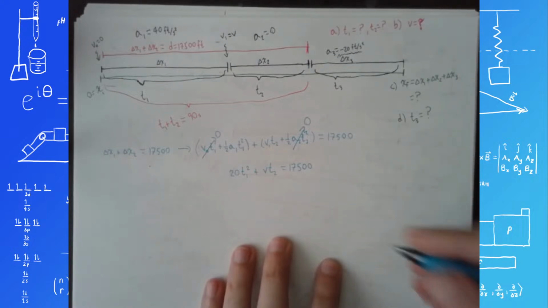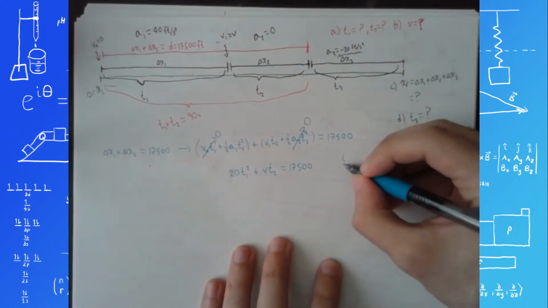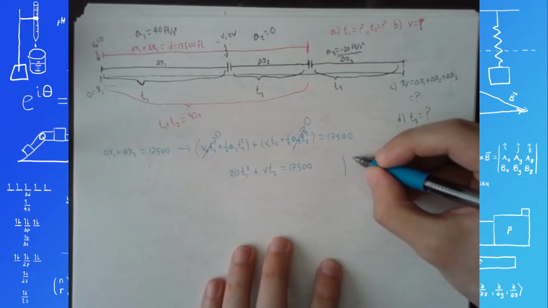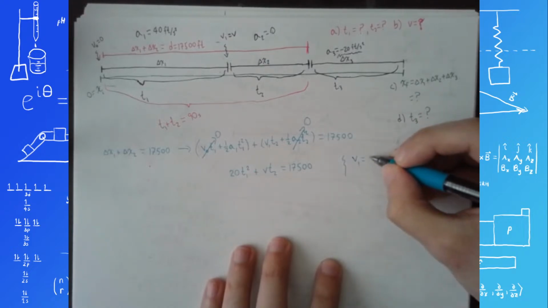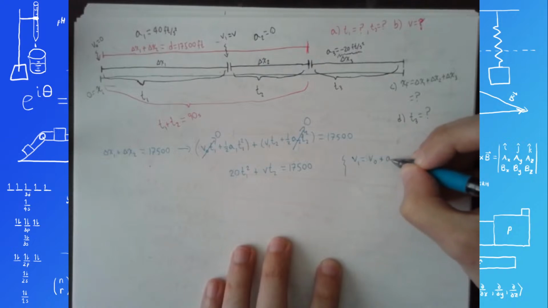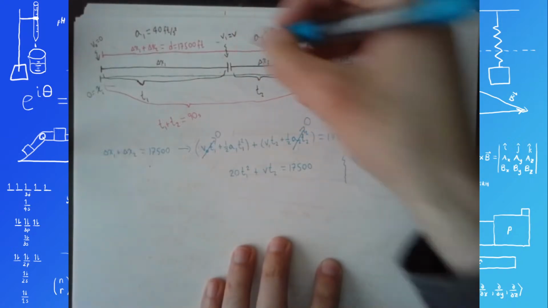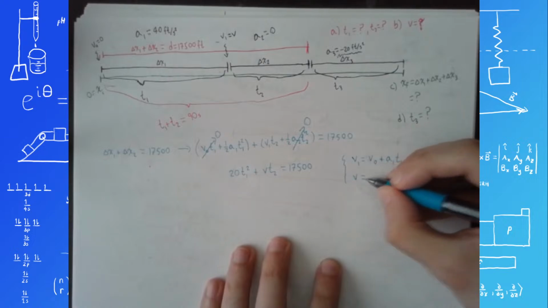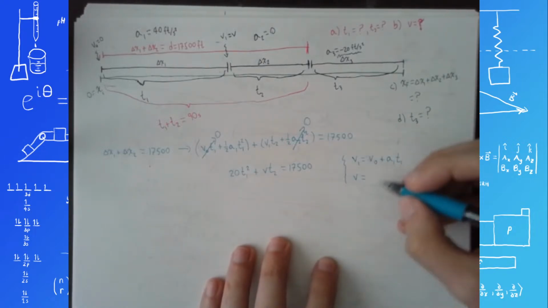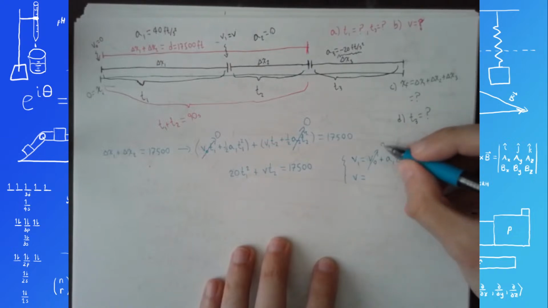If I were to use the first equation of kinematics, I would get v1 equals v0 plus acceleration 1 times t1. v1, again, we're just calling v because that's what the problem wants us to call it. And then v0 is 0, so that's gone.